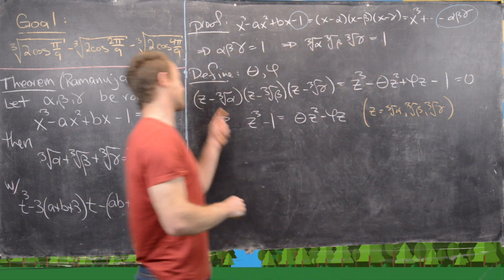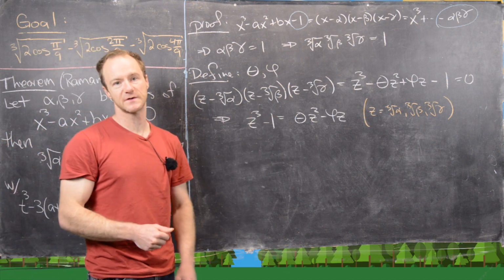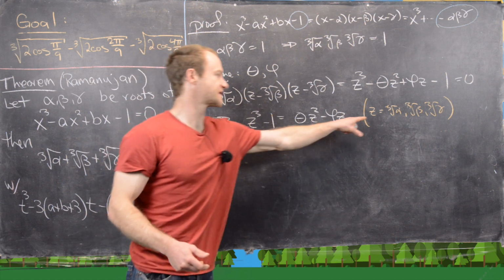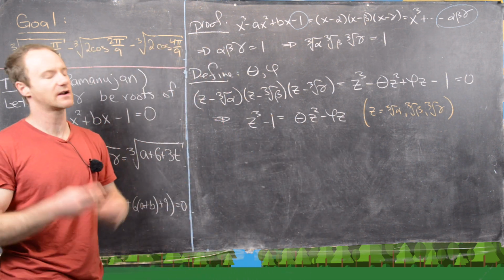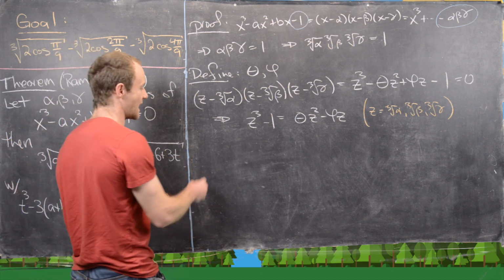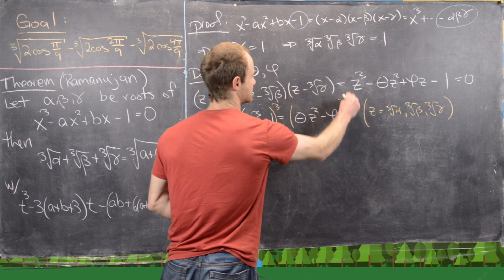And that's because we've got this factorization above. That was our definition. Now if we cube both sides of this equation, we'll create a new equation that also has these solutions. It'll have some additional solutions, but it'll at least have these solutions. So let's go ahead and cube both sides of this equation to see what we get.